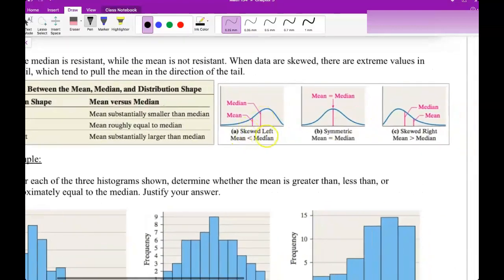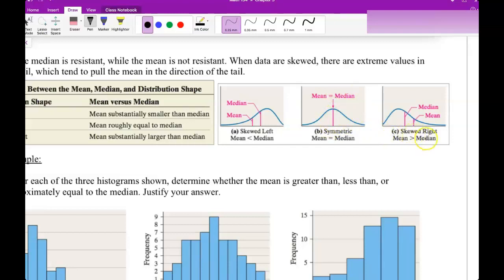When you have skewed left, mean is less than median, so this is our mean, in between, our average. But for symmetric, mean is exactly equal to median.